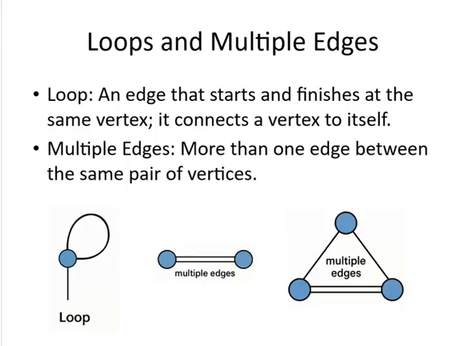Okay, so the edge connects a vertex to itself. And you can see that there, this vertex has got two edges effectively coming out of it. Okay, one loops around, and the other one is just another edge going in another direction.